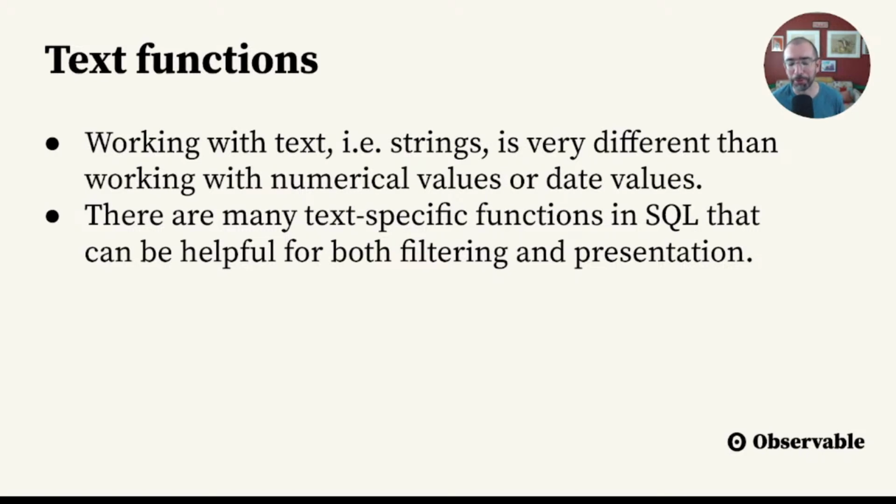You can add two numbers together, but you can't really add two strings in the same way. So there's lots of specific functions for the types of data that's in your database. Text functions, again, have different functions than for numerical functions or date functions that are specific to just text. So we're going to walk through a few of those that are going to be pretty helpful.